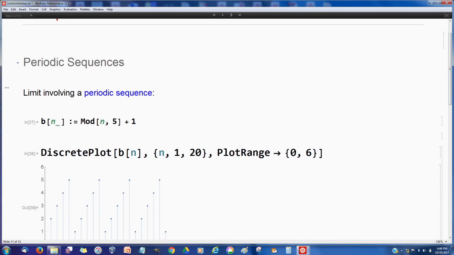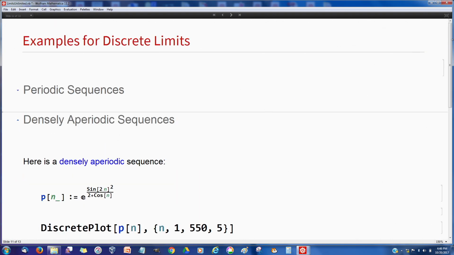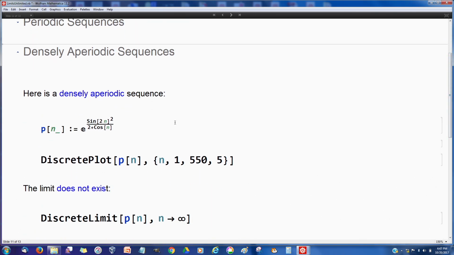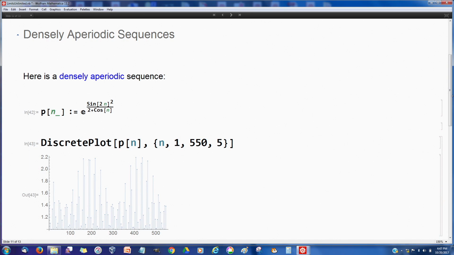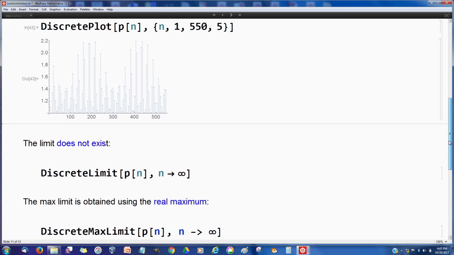Okay, another example, the so-called densely aperiodic class. So, things like sine and cosine n are quite hard to work with in the discrete case. To prove that the limit of sine n as n goes to infinity is indeterminate is quite hard. But fortunately, we have the technology for doing this now. And so, if you look at the plot over here, it's wildly chaotic, goes between 1 and 2.2 roughly.